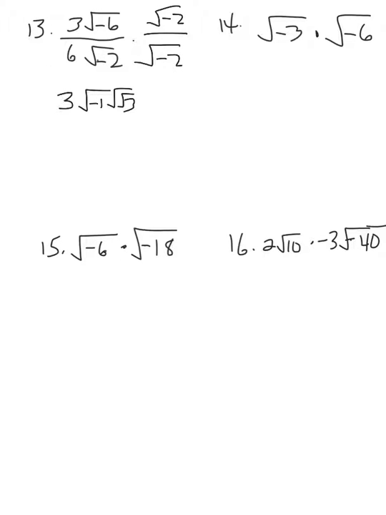Oops. We'll erase that and clean that up. Times a radical 2. I'm breaking up the 6, so the square root of negative 6 is all those. And now times the square root of 2 and a negative 1 again. In the bottom, you've got 6 times the square root of negative 2.